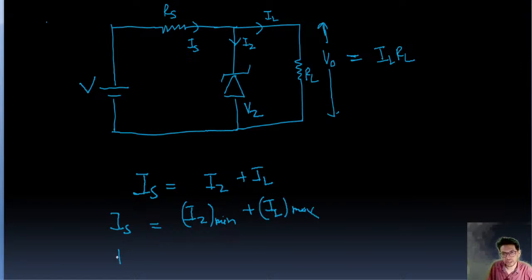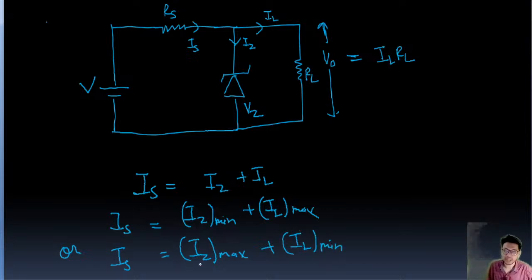Similarly IS equal to IZ maximum plus IL minimum, important one. Here IZ minimum, IL max, and IZ max, IL min. So these are important formulas, guys. You need to note down.